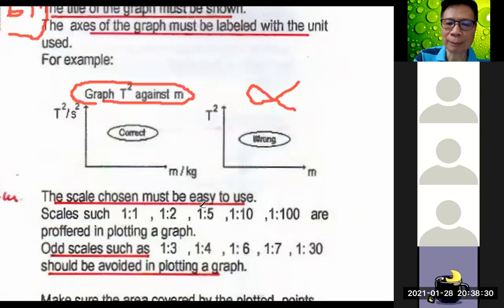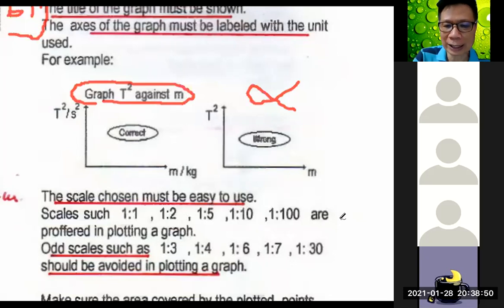This one is 1 cm represents 5. If 1 cm represents 2, your graph will be 2, 4, 6, 8, and so on. If 1 to 5, the scale will be 0, 5, 10, 15, 20, and so on.